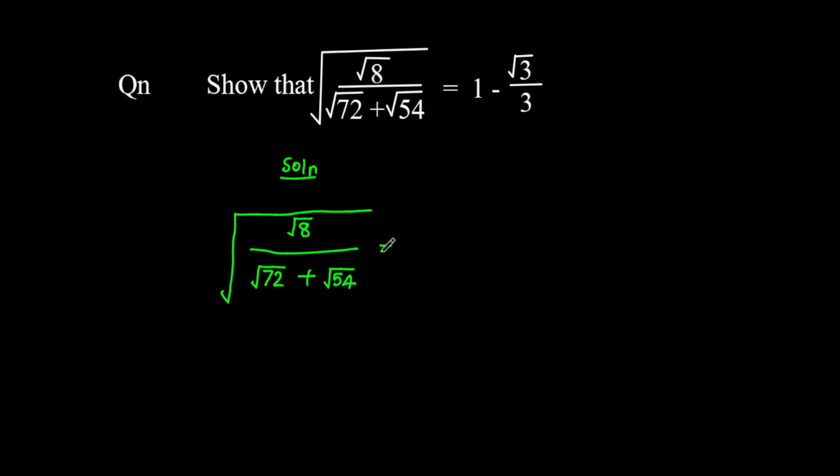And here the first step is to split these numbers inside the radicals into two, where one could be a square number.